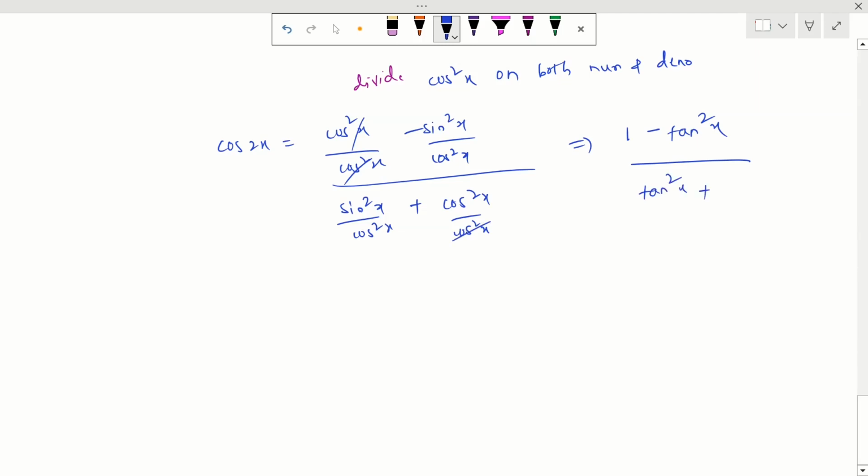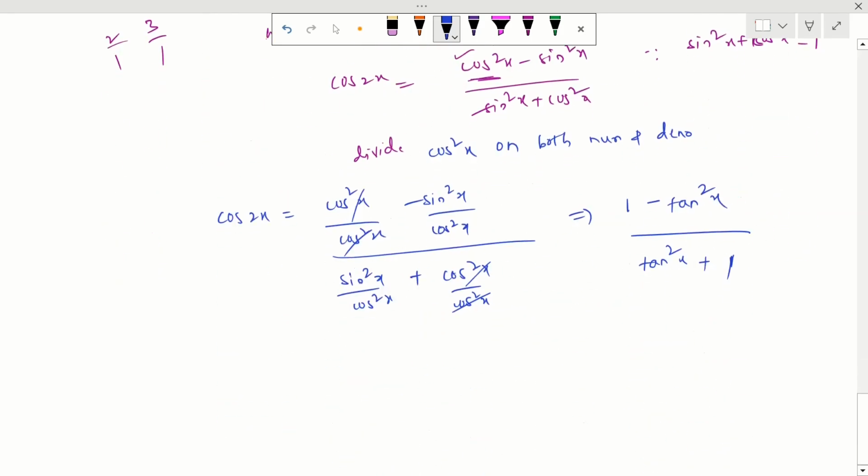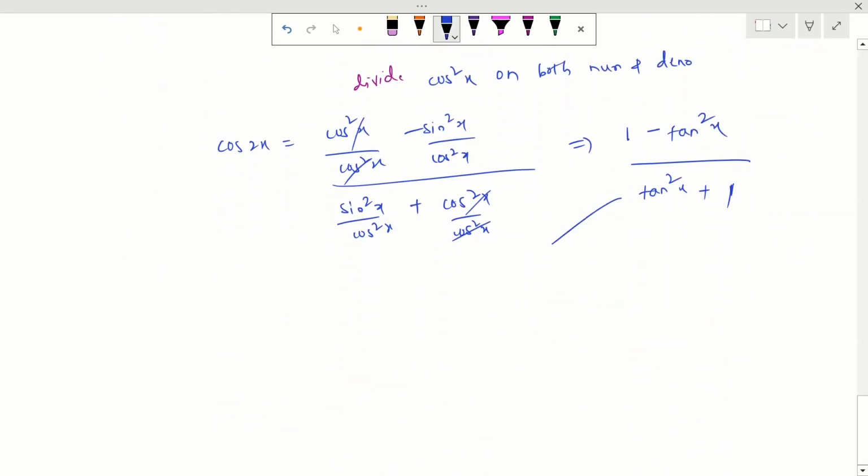So we can write (1 minus tan square x) divided by (1 plus tan square x). Now LHS is equal to RHS, hence it is proved.